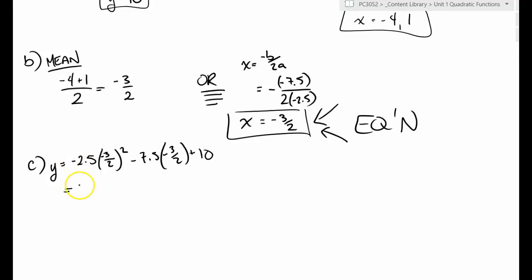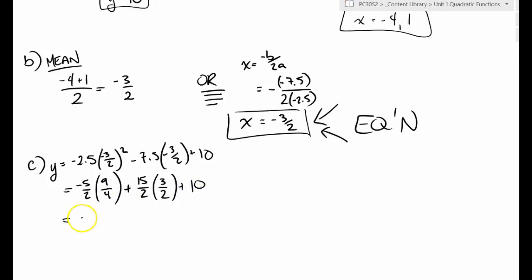So I'm going to convert these to 5 halves times 9/4 plus, because I've got 2 negatives, 15 halves times 3 halves plus 10.